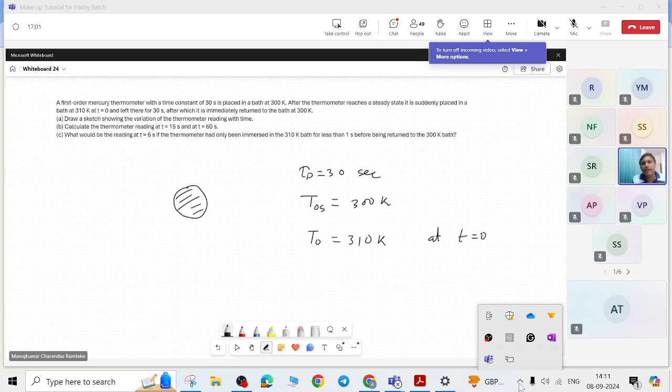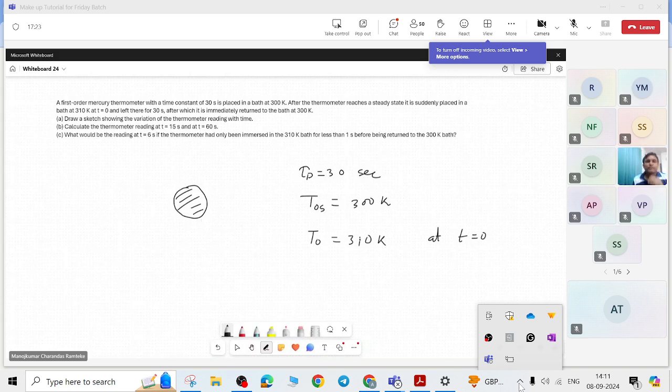So what we are saying is initially the outside temperature was 300 Kelvin, and this thermometer was at steady state with the outside temperature, and suddenly at time t equals 0, this thermometer is placed into a bath with a temperature of 310 Kelvin.